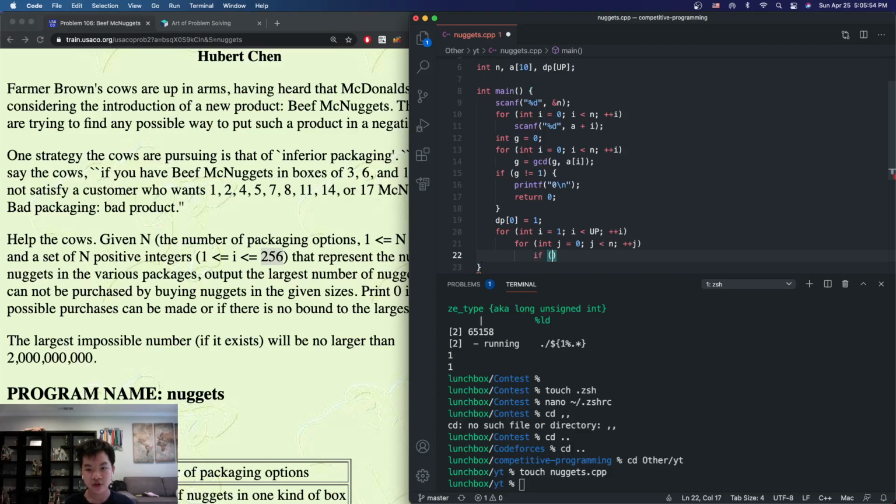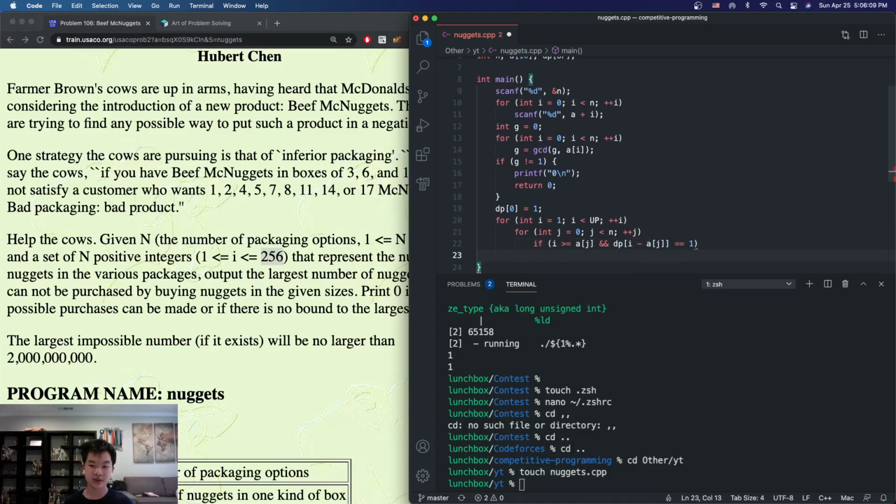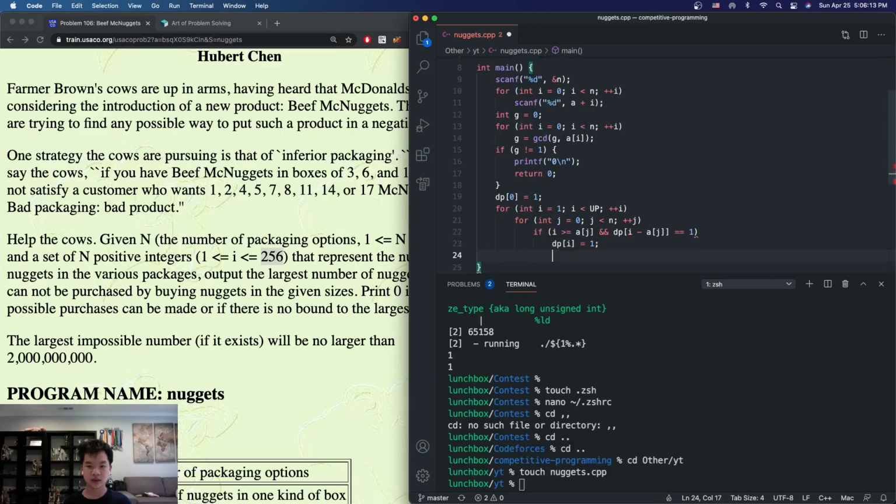If i is greater than or equal to a of j, and dp of i minus a of j is equal to 1, meaning that you can make this value, then dp of i will be equal to 1. All right, so that's just a basic knapsack, and now we need to calculate our answer.